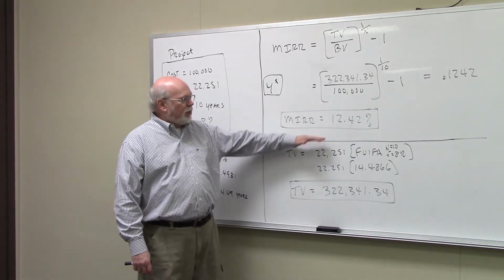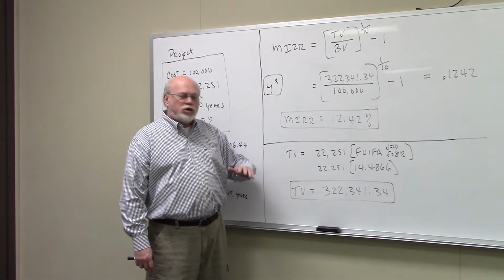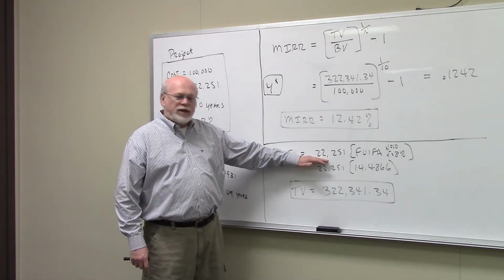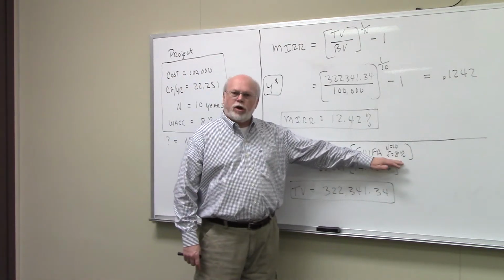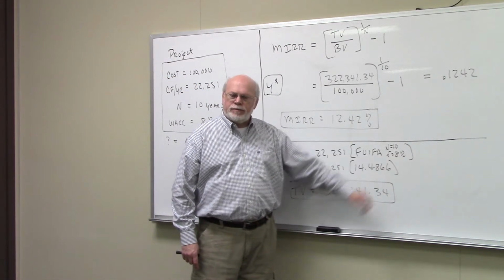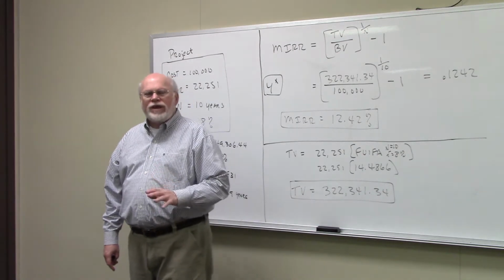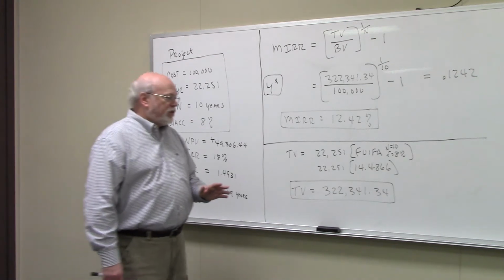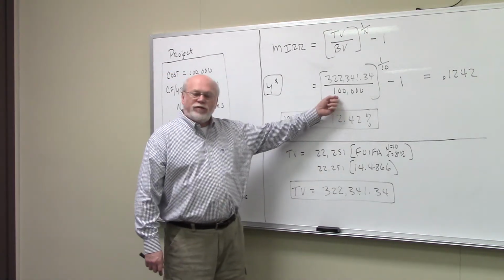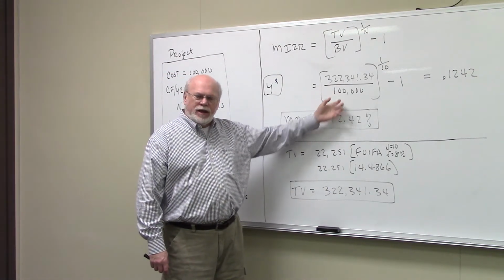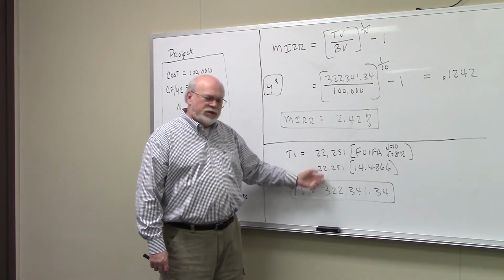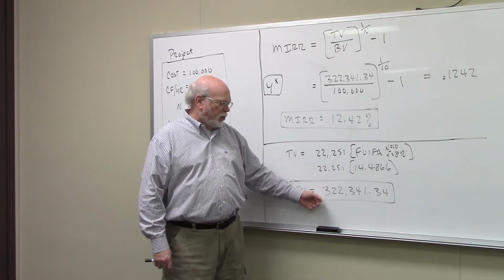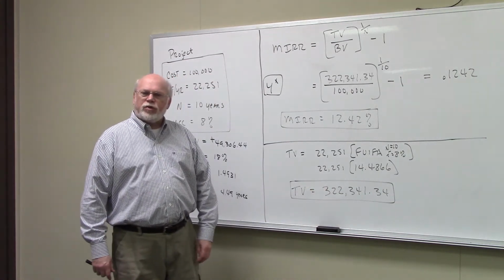So when we calculate the modified internal rate of return, we're assuming that we reinvest all the cash flows somewhere to earn 8% interest. The reason we like the modified internal rate of return is that we can tell the boss: if we invest $100,000 today and reinvest all these cash flows, then 10 years from today, all that reinvested cash flow is going to be worth $322,341.